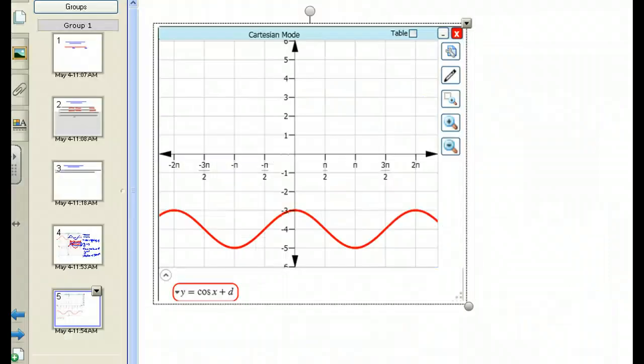So here's another graph. We want to find the midline. And so once again, we find the maximum point, which is here at -3. We find the minimum point is at -5.